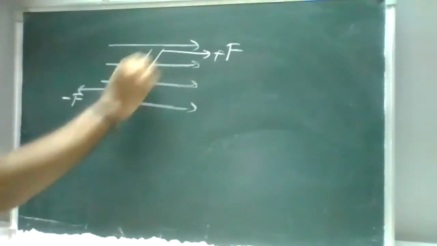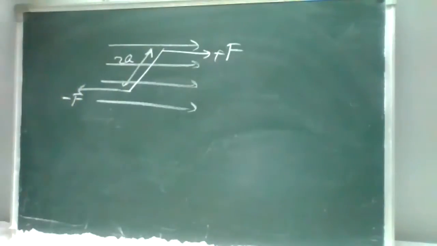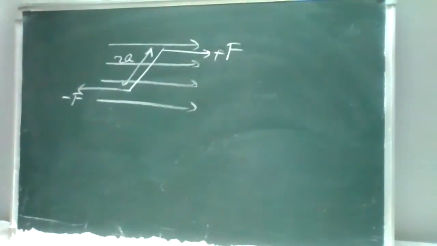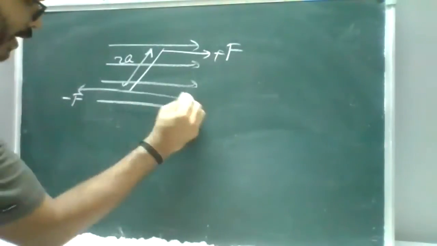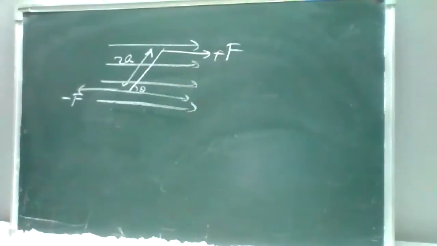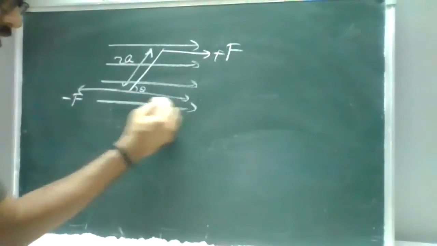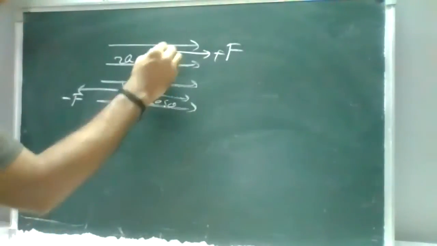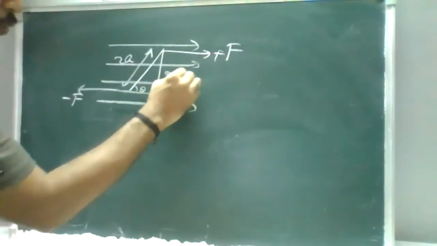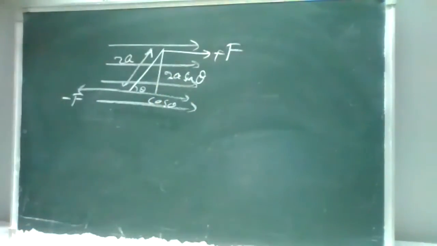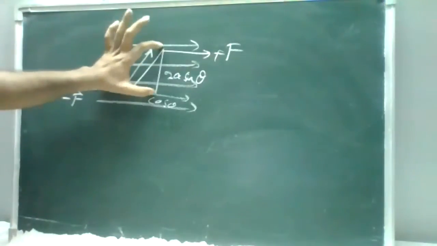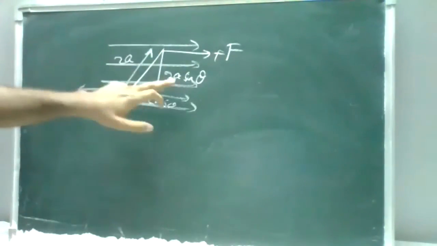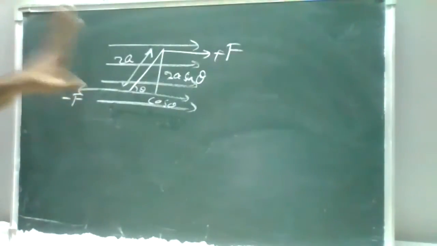The distance between the two charges is 2a. Now we find the torque, assuming the dipole makes an angle theta with the electric field. Along the x-axis it is cos theta, and the perpendicular distance, perpendicular to the electric field, is 2a sin theta. Any doubt?